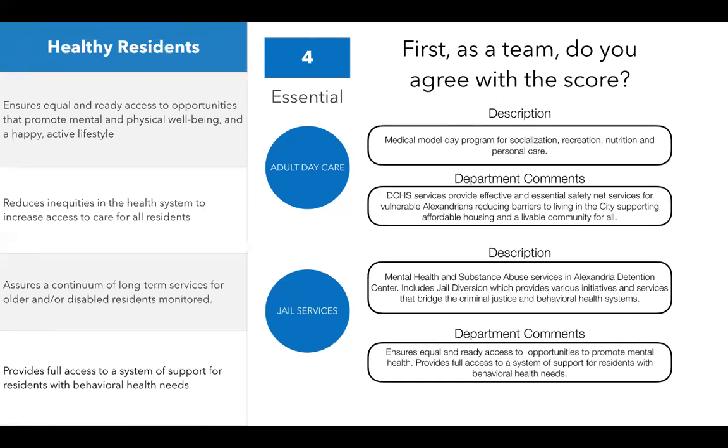Does it make sense that both adult daycare and jail services scored as essential to healthy residents? That answer could be yes, that answer could be no, but that way you are viewing it as a grouping of services to see if it makes sense that they all have that same score and that same level of influence on the result area.